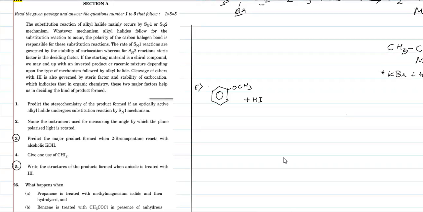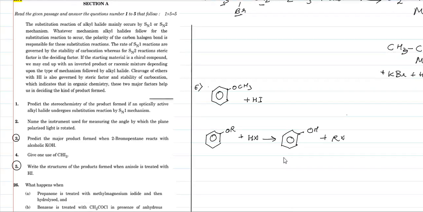When one of the R groups of an ether is a benzene ring, and this reacts with HX, where X is a halogen atom, we get OH, that is phenol, and RX.